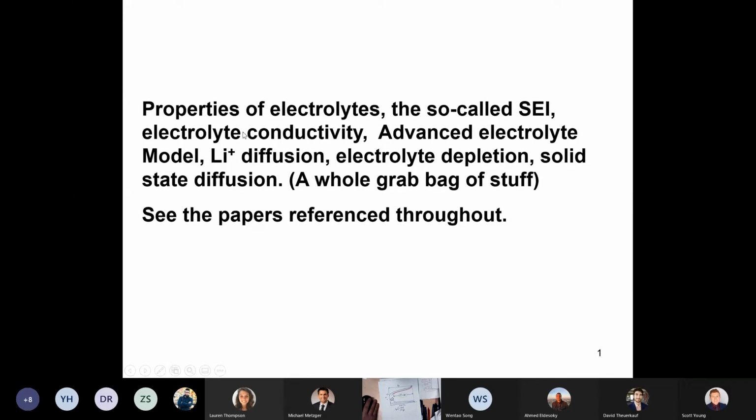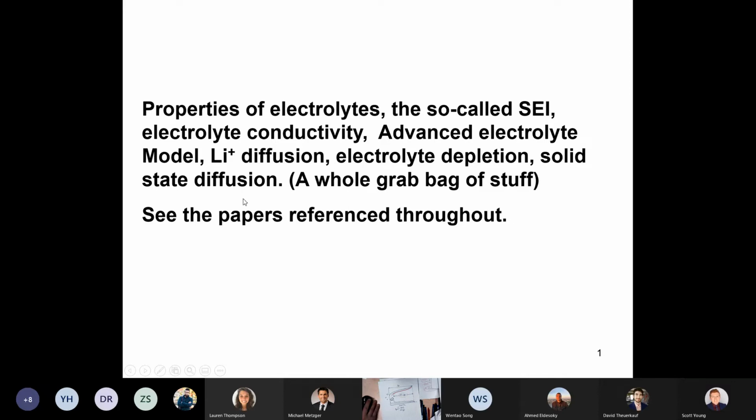We haven't talked about the diffusion of lithium in the electrolyte in any detail. We haven't talked about what happens when a large current flows in a lithium ion cell, what happens to the electrolyte concentration in the cell as a function of position, and something called electrolyte depletion.